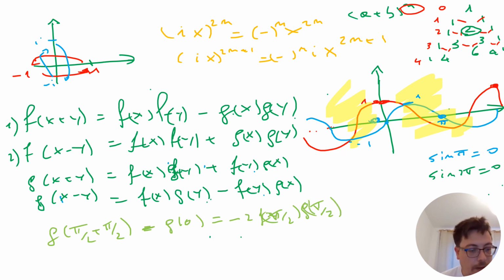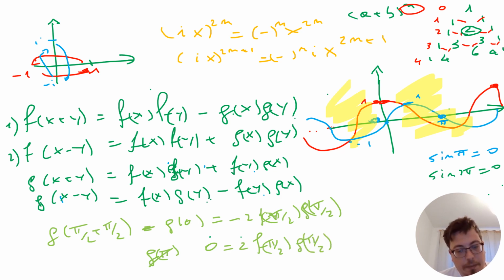Okay, now this is g of pi, g of 0 is 0, f of pi half we don't have, and g of pi half we don't have. But we know that g pi is 0, so this is 0 as well, so we get that 0 is equal to f of pi over 2 times g of pi over 2. So one of these two numbers is 0.